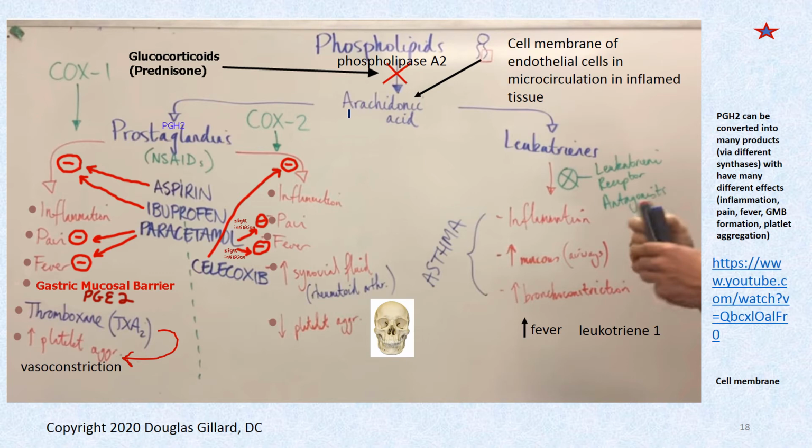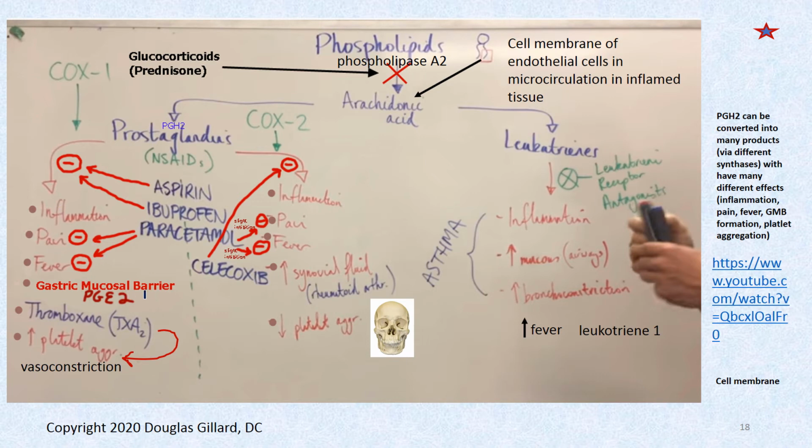Arachidonic acid can be turned into prostaglandins by the enzyme PGH2, and then by a whole bunch of different PGHs and PGEs, different prostaglandin enzymes, it can be broken down into inflammation, pain, fever.